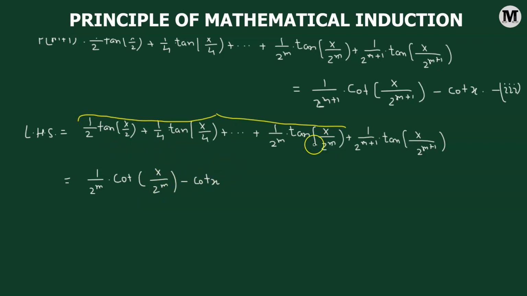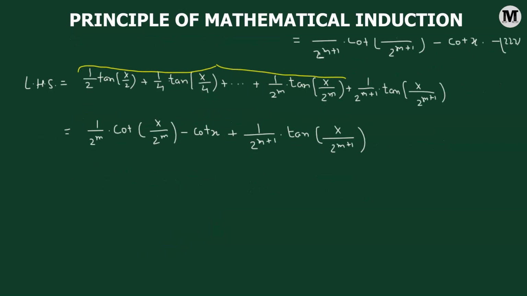So this is the sum of the first term all the way up to the second last term, and then we have the last term given by 1 over 2 raised to the power of m plus 1 multiplied to tangent of x over 2 raised to the power of m plus 1. Okay, so our goal will be to combine these terms.